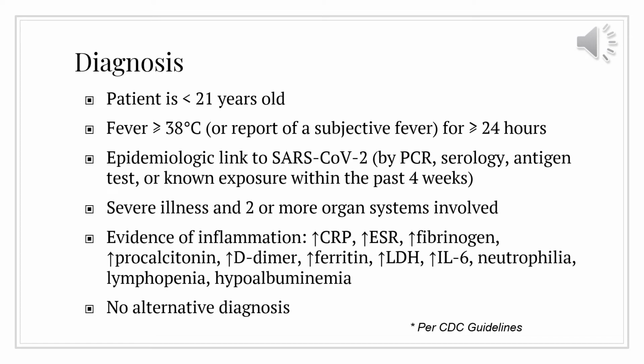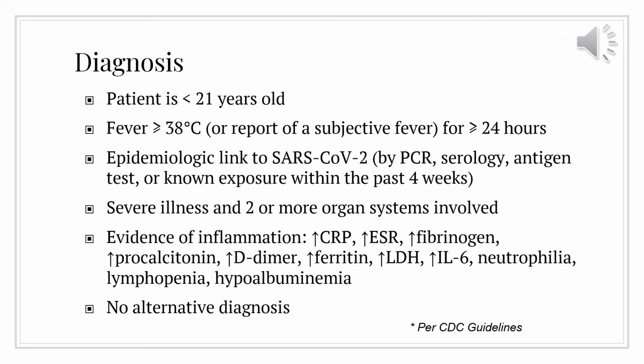The CDC has released guidelines for the diagnosis of MIS-C. There have also been diagnostic criteria released by the World Health Organization as well as some other groups. However, they all break down to pretty much the same thing. First, the patient is under 21 years old. Second, they have a fever for 24 hours.